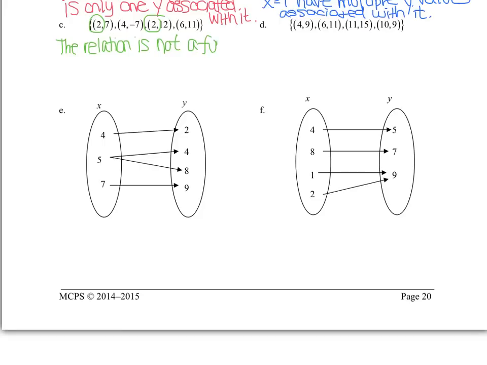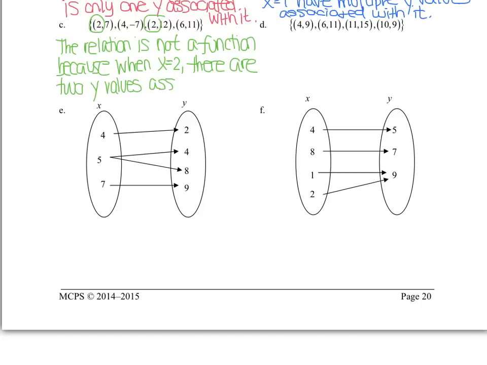The relation is not a function because when x equals 2, there are two y values associated with it, which are 7 and 12. So C is not a function.